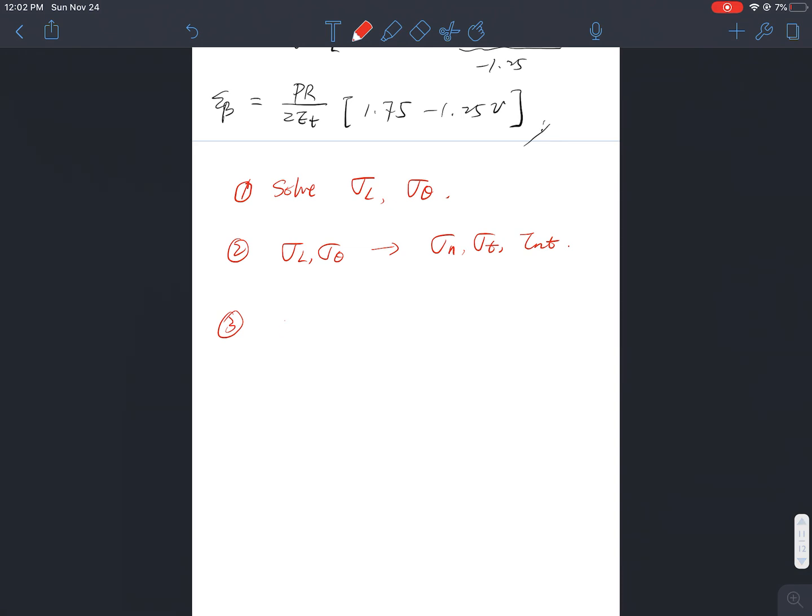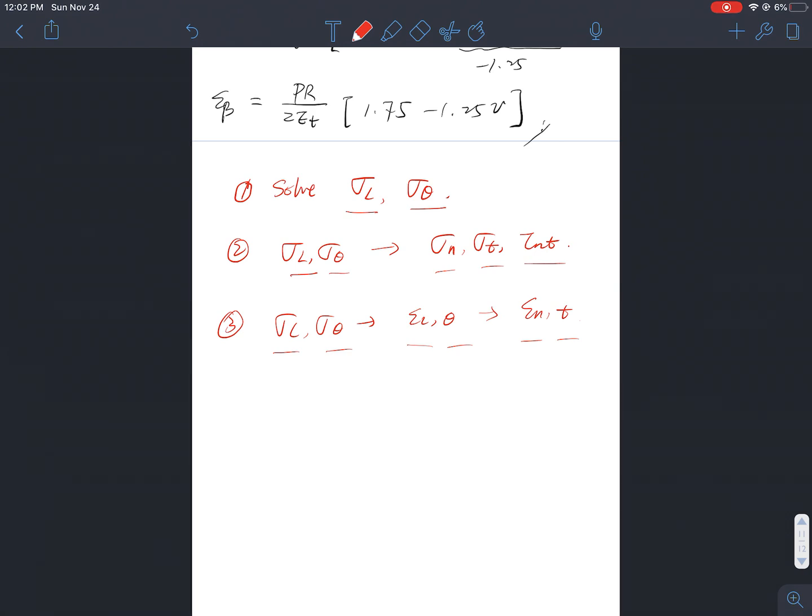Other ways, I can convert to strain first, then convert into nt. So regardless of what you see in the exam, you're basically trying to find the stress in the longitudinal and hoop directions. Either convert the stress into other orientations, or convert the stress to strain first and convert the strain to other orientations.